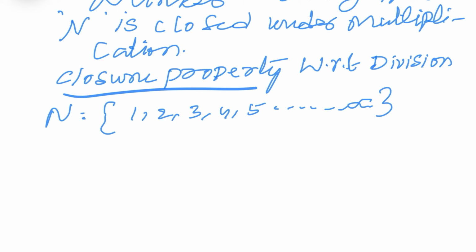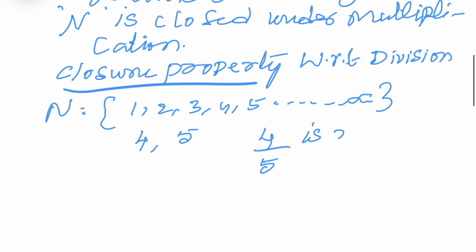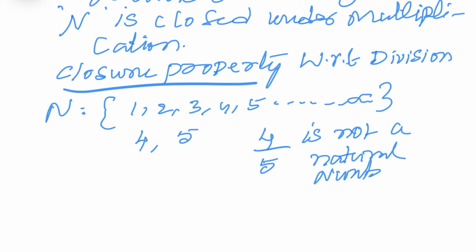Take any two, 4 and 5, and perform division. 4 by 5, is it there in the natural numbers? No, 4 by 5 is a rational number, which is not a natural number. If one case fails, that is enough. We can say that the set is not closed under division.